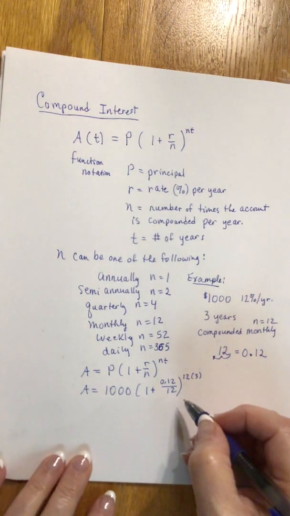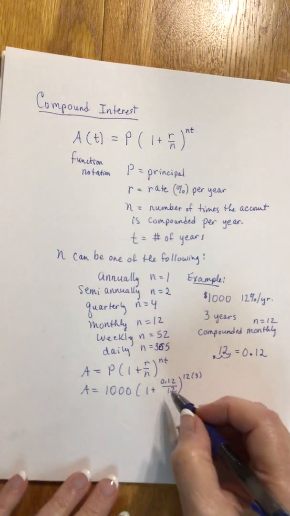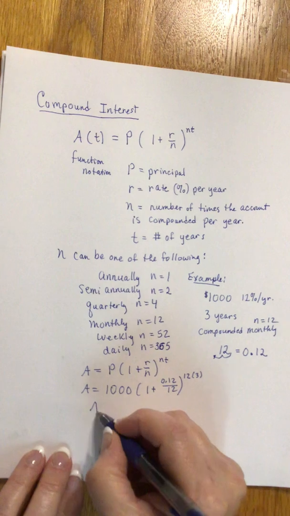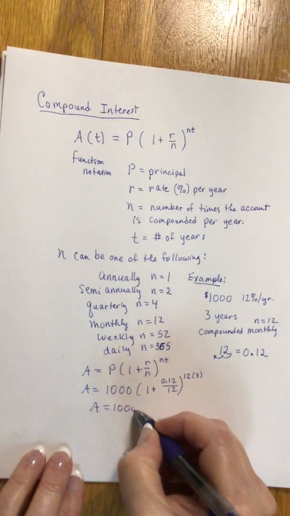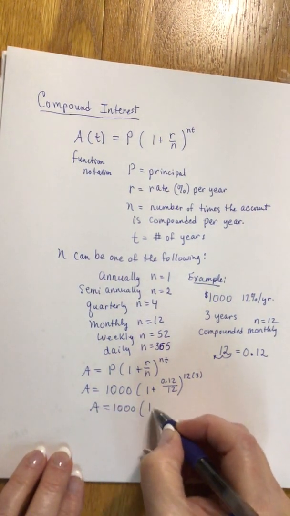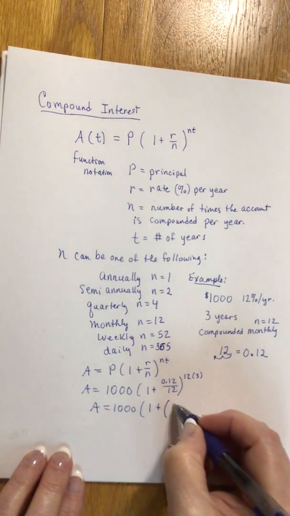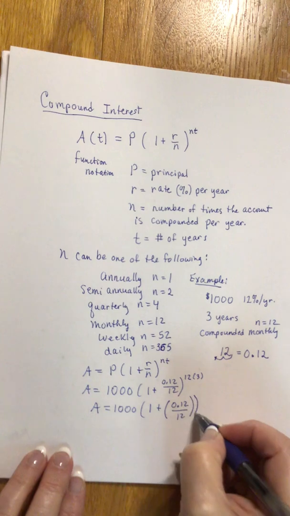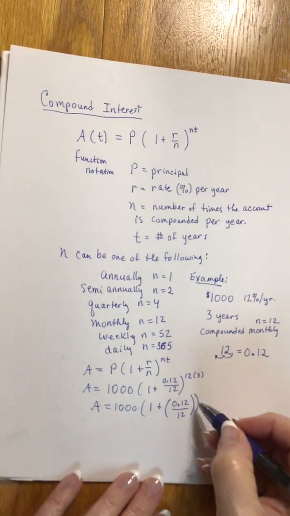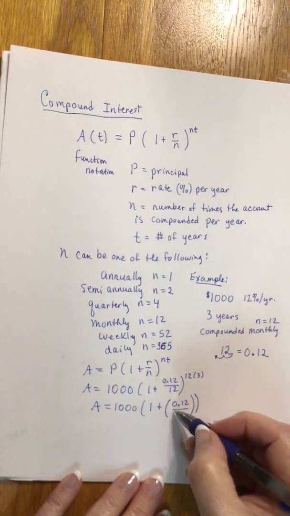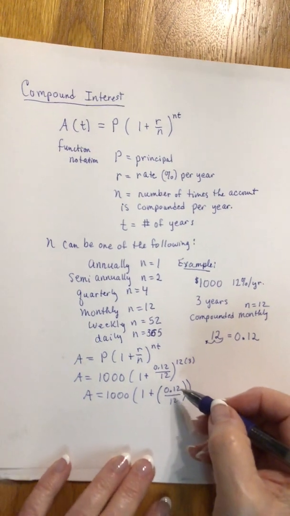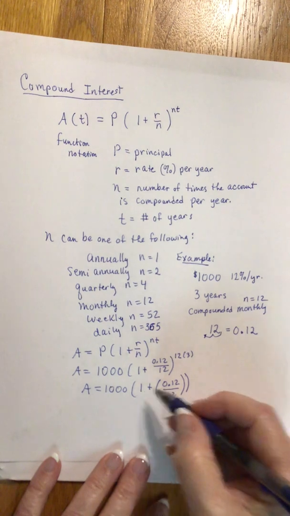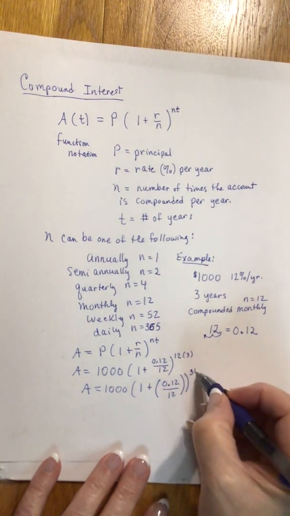But if we want to put this into the calculator, I encourage you to put parentheses around that. So I'm going to say A equals 1,000, 1 plus, and then parentheses 0.12 divided by 12, parentheses, parentheses. So you have to have 2 parentheses at the end. This one ends this parentheses, and this one ends that parentheses. And then we could just say 36 up here.